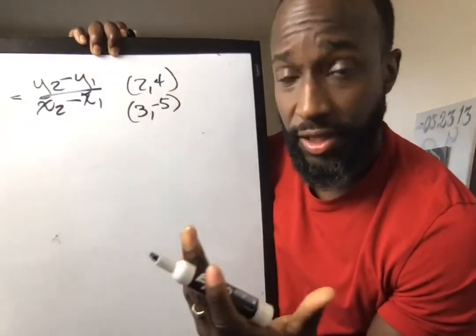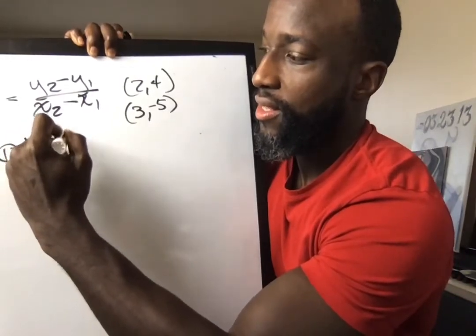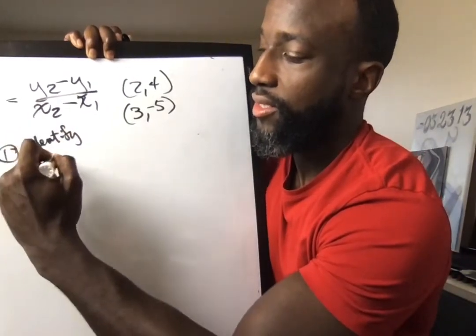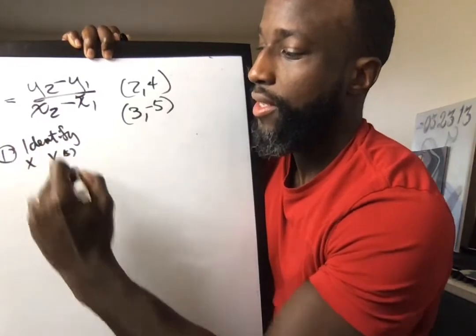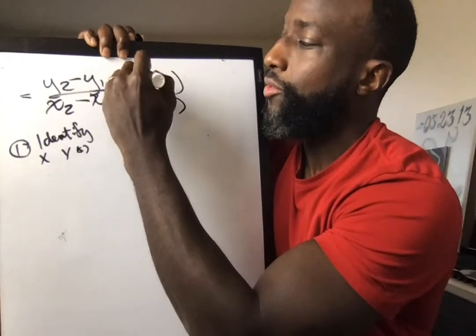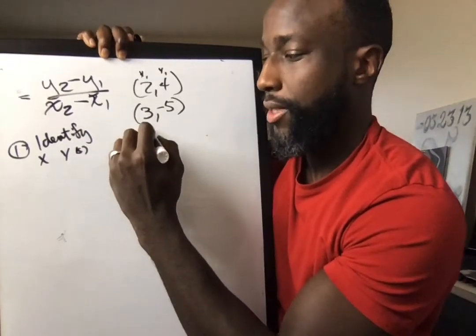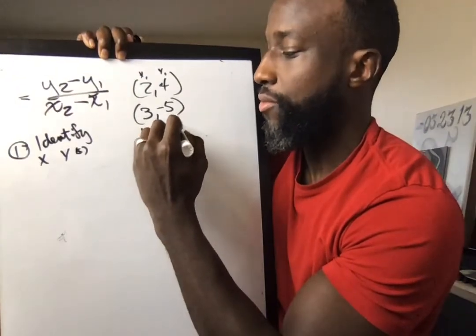The first thing you want to do is identify your x's and your y's. With that being said, 2 represents x1, 4 represents y1, 3 represents x2, negative 5 represents y2.